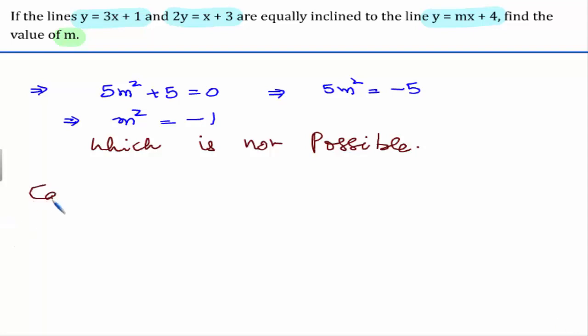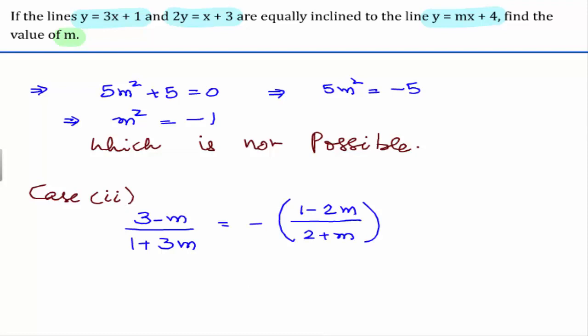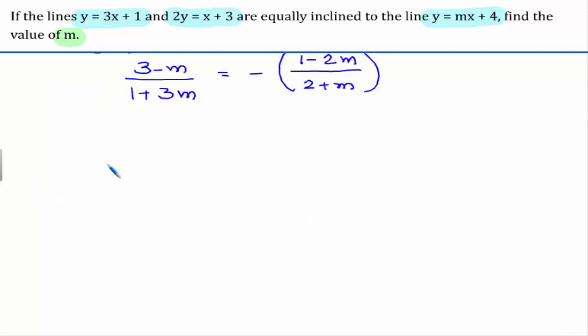Let us take case 2. Now in the second case, 3 minus m by 1 plus 3m is equal to, with a negative value, 1 minus 2m by 2 plus m. If we simplify this, we get 3 minus m by 1 plus 3m is equal to minus 1 plus 2m by 2 plus m.